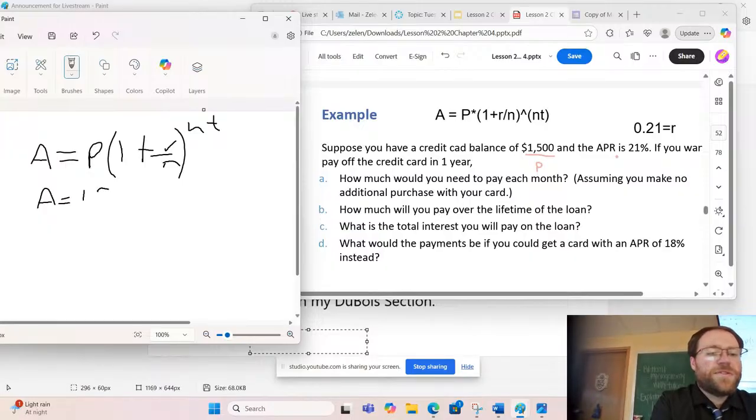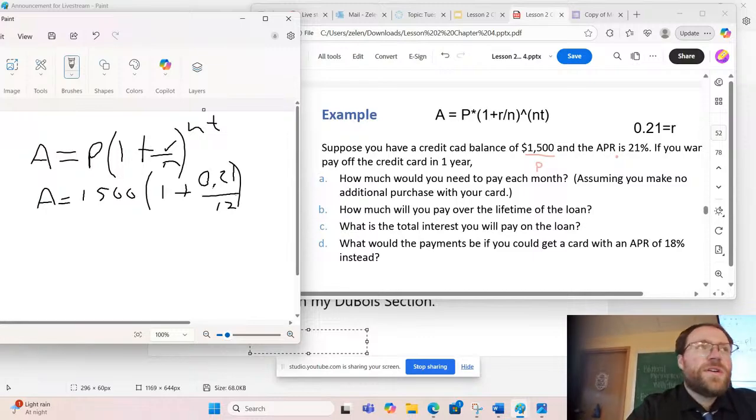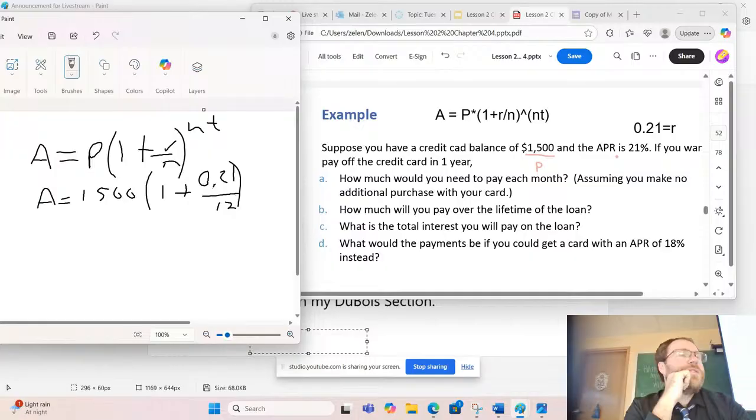So 1,500 times (1 plus 0.21 over 12), all raised to the... If we're doing this for 1 year, how many times would it compound? 12. So that will be the exponent on that.